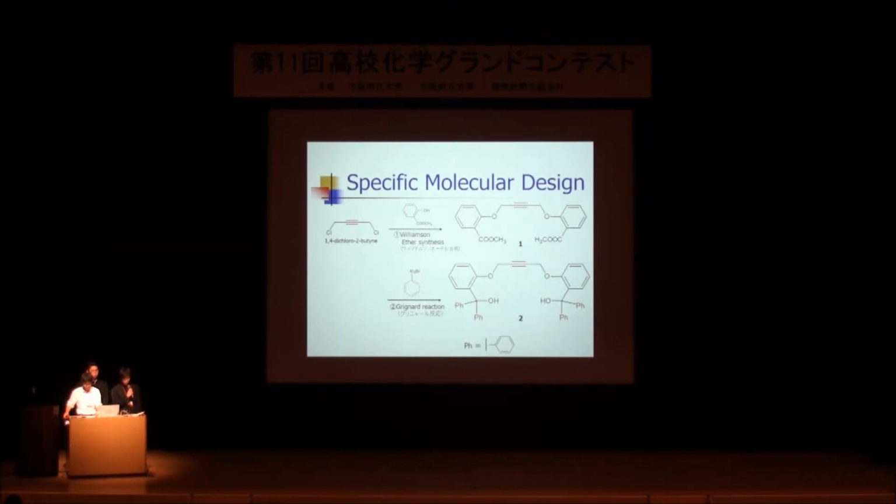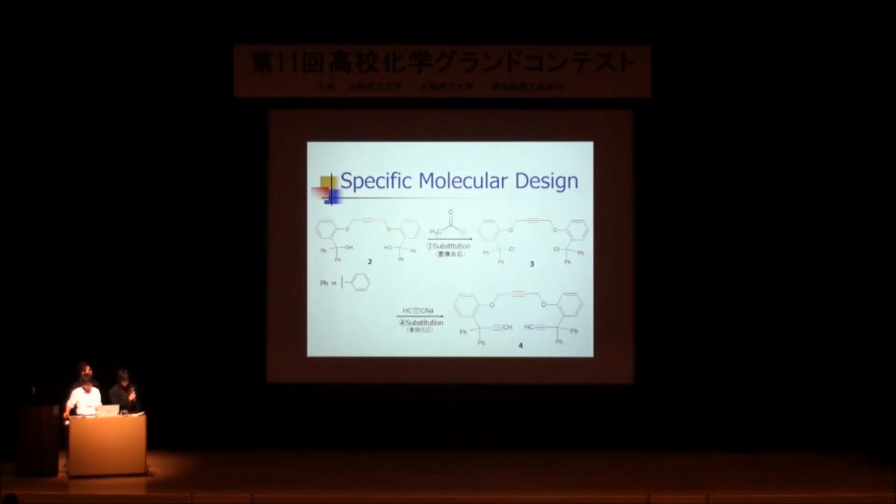Then compound 1 reacts with this linker reagent to obtain compound 2. Linker reagents have some merits. It enables us to change bulky substituents easily, and various bromo reagents are commercially available.